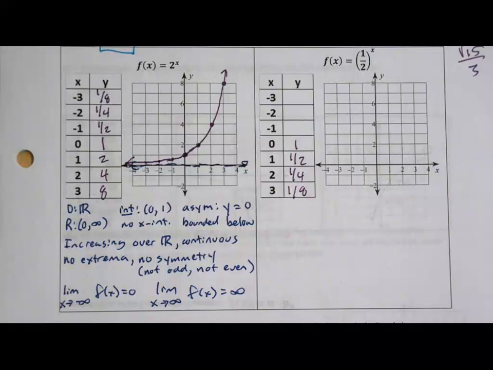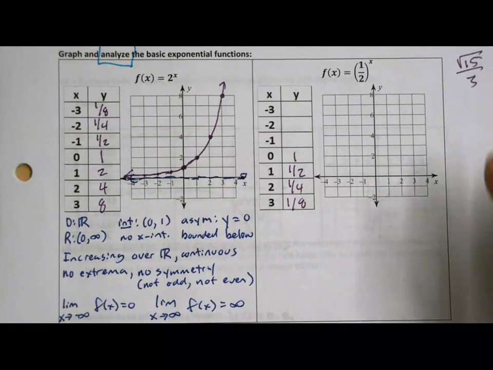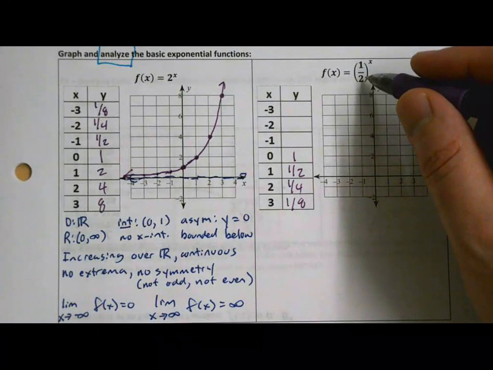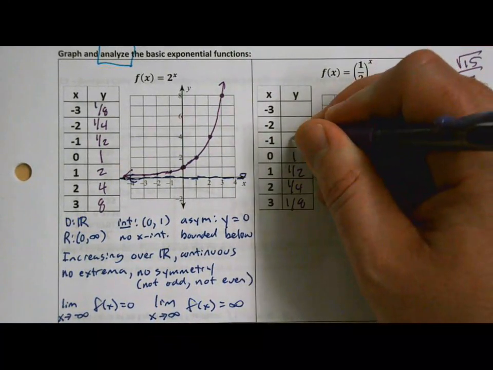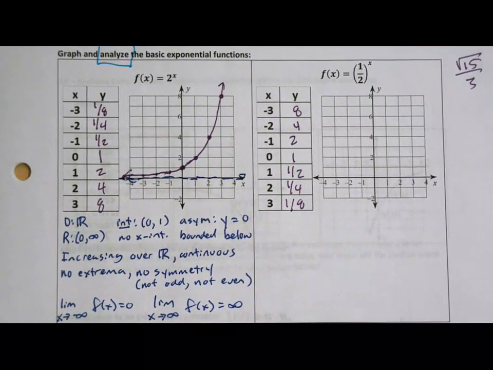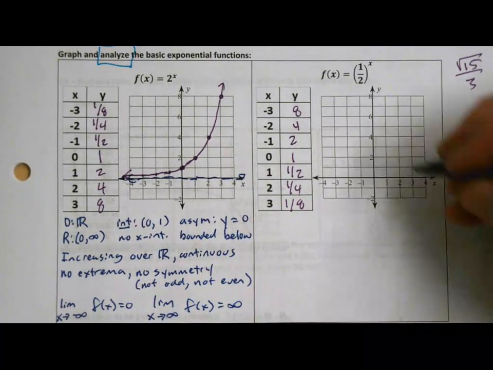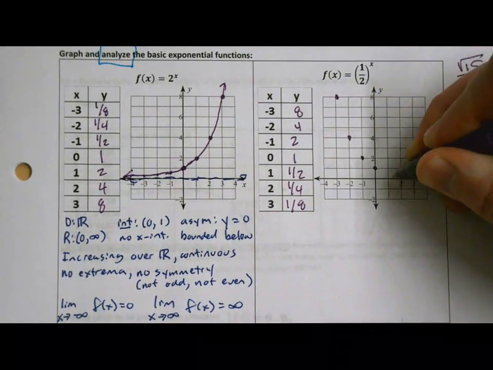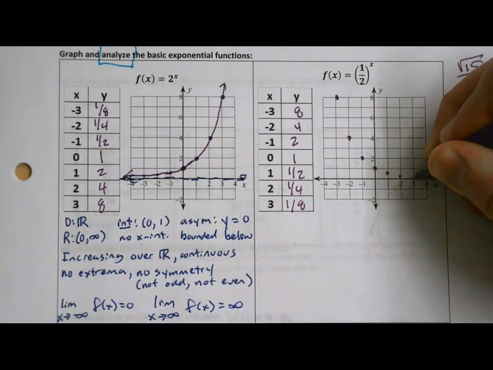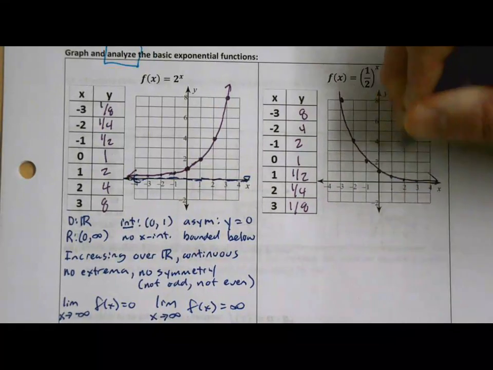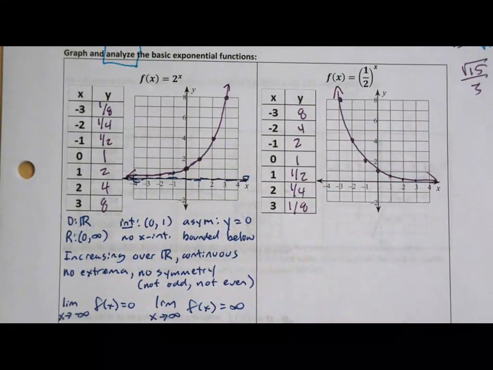But negative powers, when your base is less than 1, are actually going to get bigger. So your graph's going to look very similar. It's just going to be decreasing instead of increasing. We won't take the time to go through and do the analysis. A lot of it's going to be the same, just reversed.